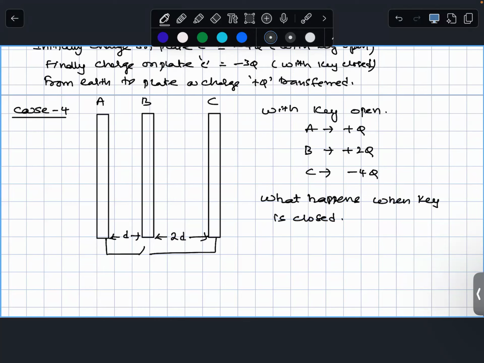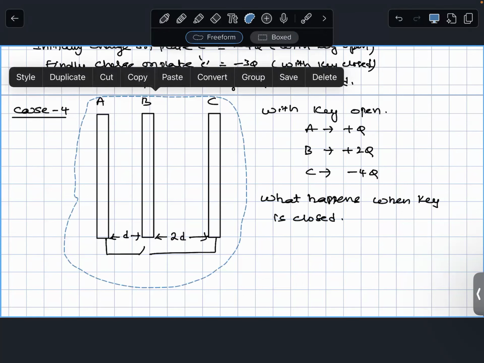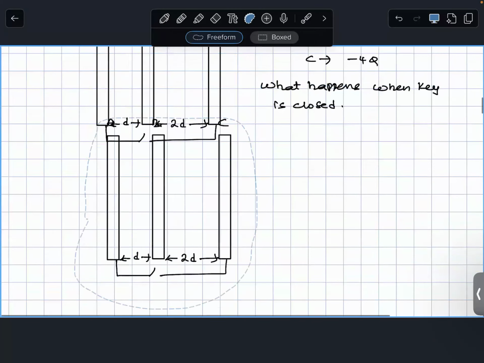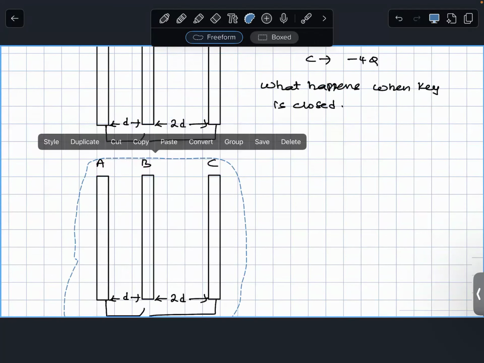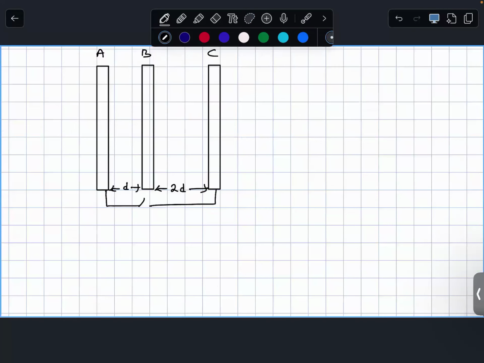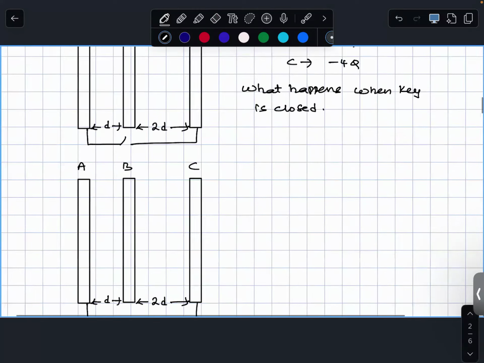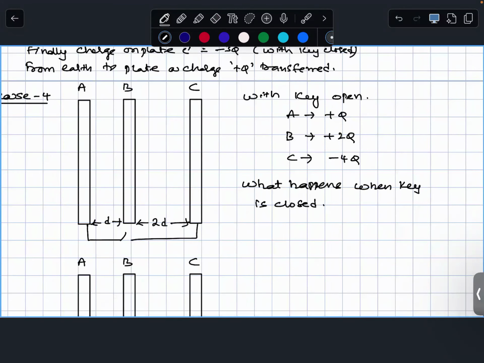Remember, there is no earth connection here, which means still the total charge of the system is minus q.